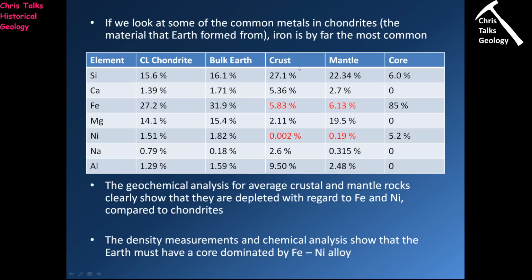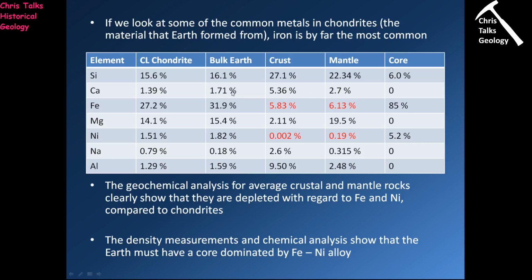Here we have an averaged composition for crust, an averaged composition for the mantle. And so, right, let's have a look at what's going on. Well, the first thing we notice is, as we come down and compare it, the crust and the mantle are quite rich in silicon compared to the bulk Earth.